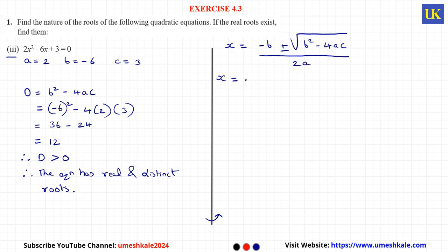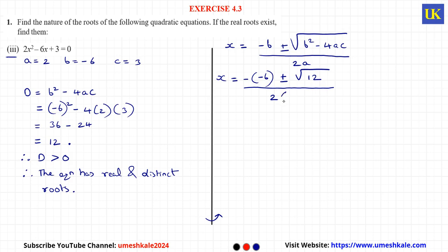So x is equal to minus b, so I will write this minus sign as it is from the formula, and then b's value is minus 6. This is b, minus 6, plus minus. So already we have calculated b square minus 4ac, which is 12. We have calculated it here. Then divided by 2 into a.